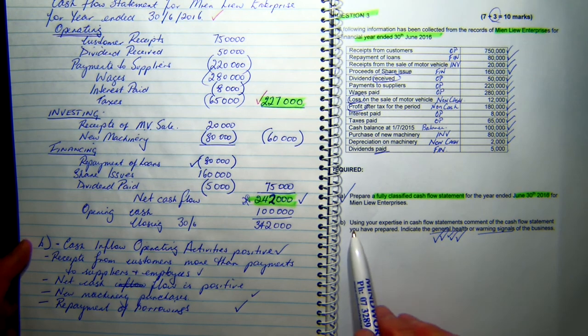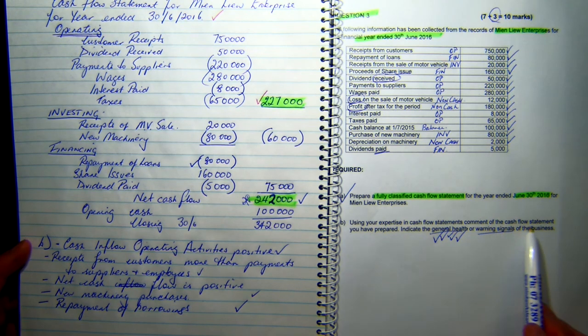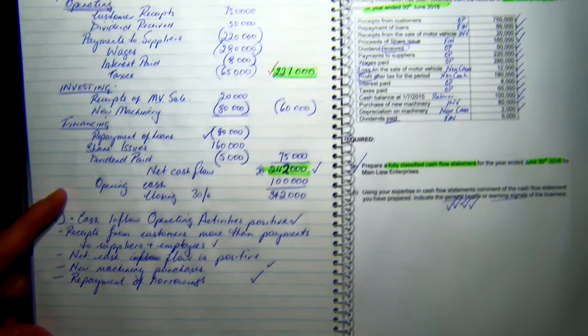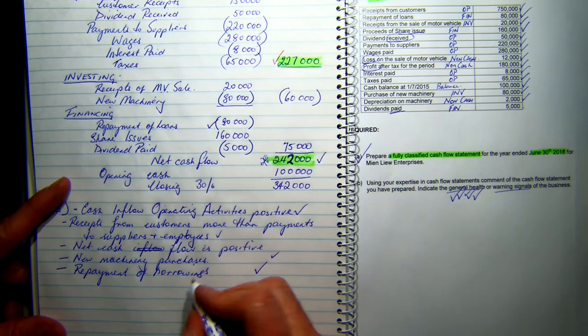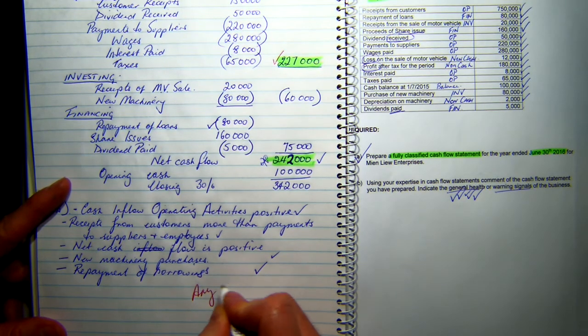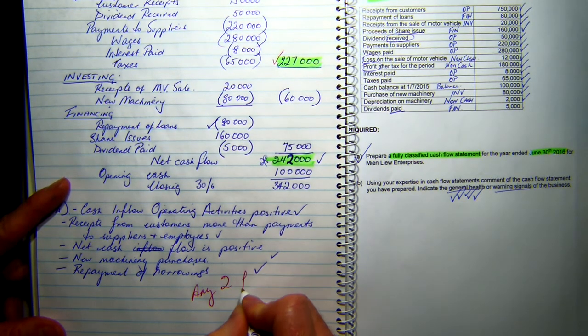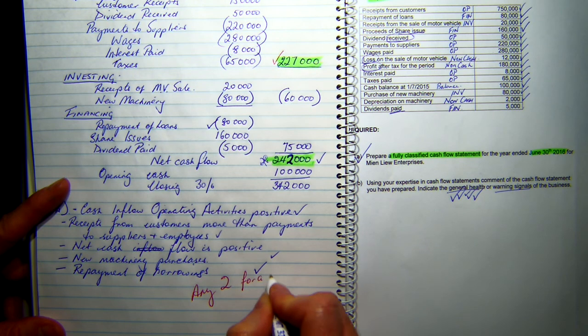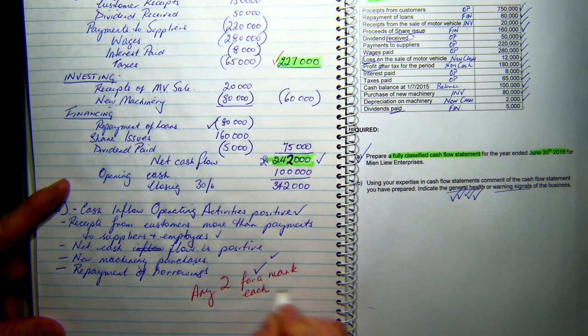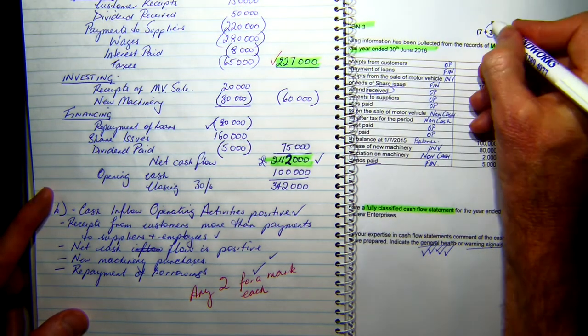So the question asks, using your expertise in cash flows, comment on the cash flow statement you have prepared, indicate the general health or warning signals of the business. Now, what you'd need to do from the above is any 2 for a mark each. Okay, so that would take care of 2 of those marks.